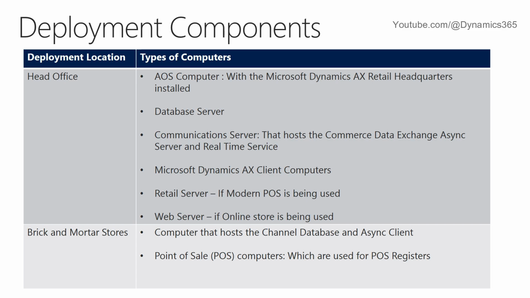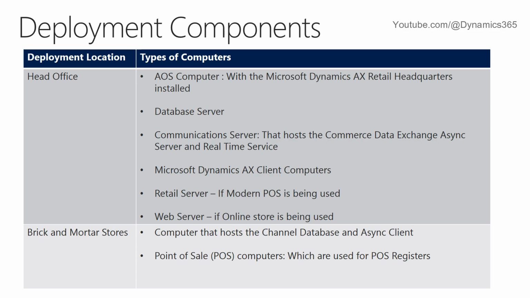You must modify the Microsoft Dynamics AX database server only if the settings for Microsoft SQL Server do not comply with the PCI data security standard. Communication server. This hosts the Commerce Data Exchange real-time service and async server. If you prefer, you can have two communication servers, one for real-time service and one for async server.